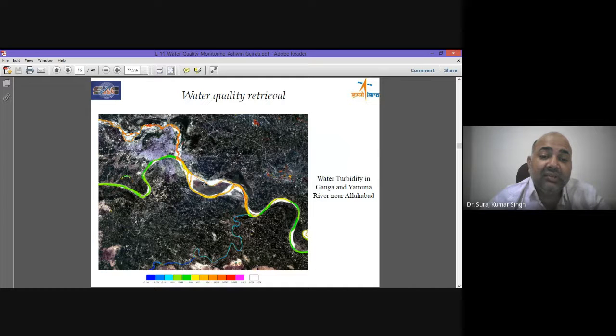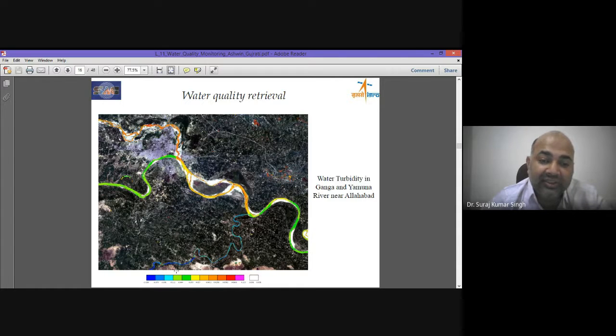Using different indices, we can show the various qualities of water related to turbidity. You can see that we have created a zone where blue is pure water, and as you go towards pink and red, that denotes the impurities in the water.